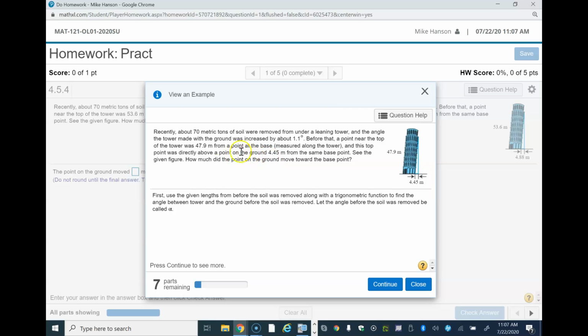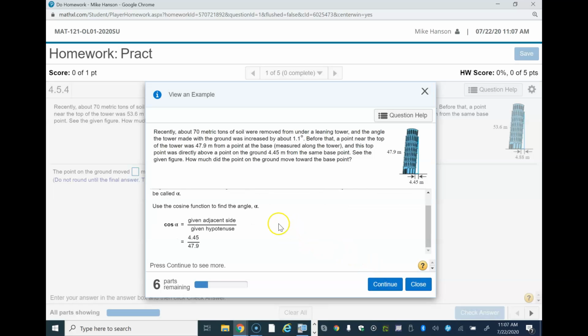So now the tower is 47.9 meters at the base, and the point directly above the point on the ground is 4.45 here. The question is how much did the point on the ground move towards the base point.